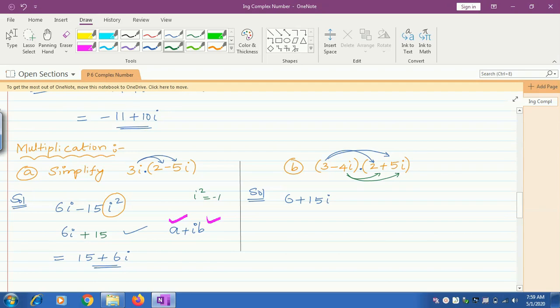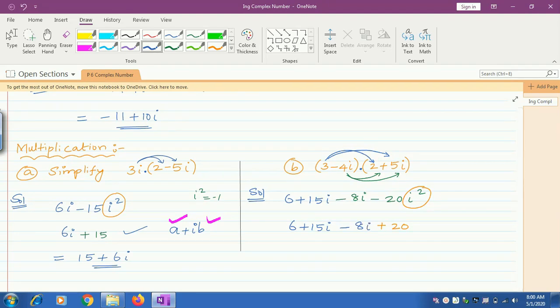Minus 4i into 2, minus 8i, plus into minus, minus 20i square. And since we know the i square value is equal minus 1, it becomes plus 20, right? And the remaining terms are the same. 6 plus 15i minus 8i.